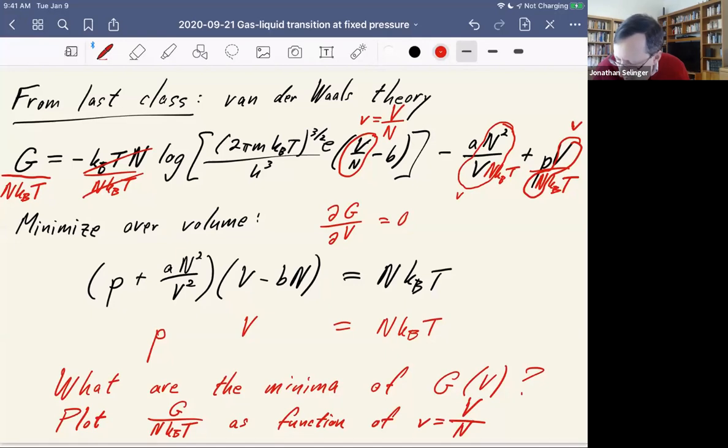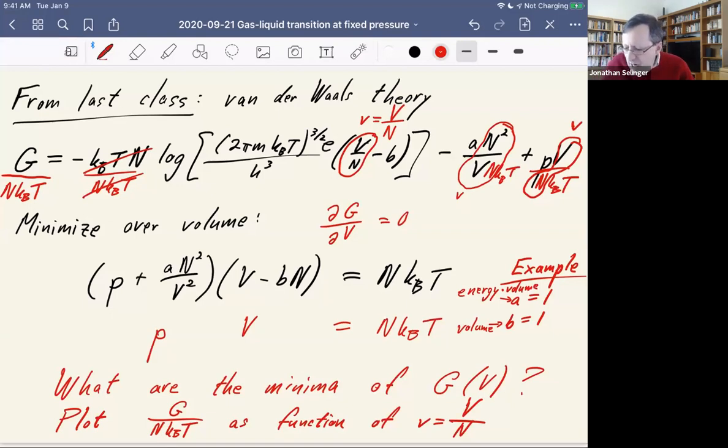Okay, so I'm going to make an example where A equals 1 and B equals 1. Now, really A and B are parameters with some units, right? As we talked about before, B has units of volume and A of energy times volume.